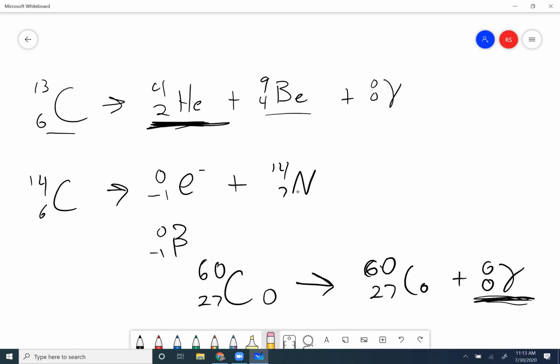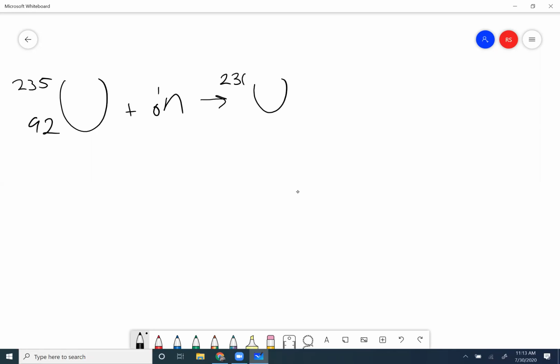And then we learned about fission and fusion. So we learned about fission, where you take an otherwise fairly normal isotope and you turn it into an extremely unstable isotope.